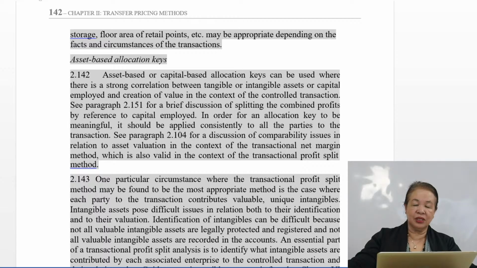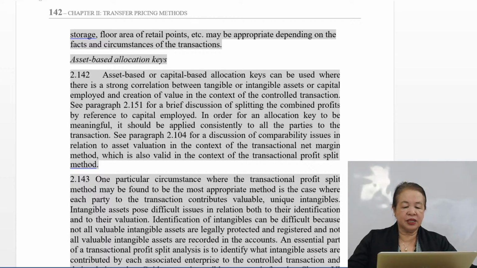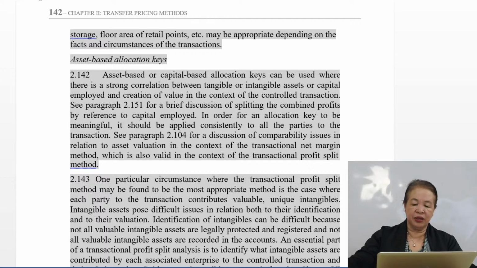So dapat consistent to all the parties kasi mag-pool ka eh. I-combine mo sila, no? See paragraph 2.104 for a discussion of comparability issues in relation to asset valuation in the context of the transactional net margin method, which is also valid in the context of the transactional profit split method.